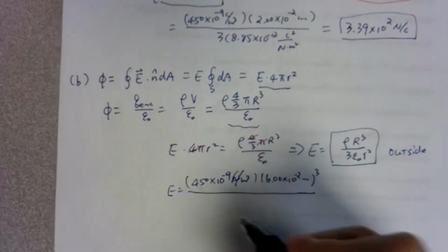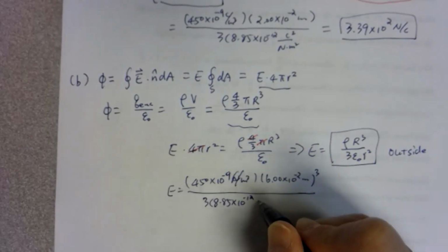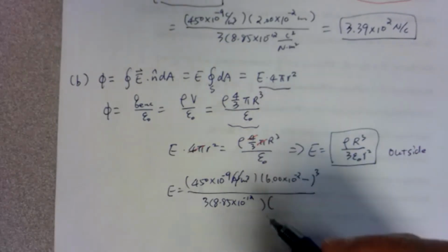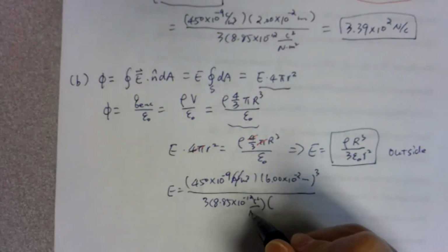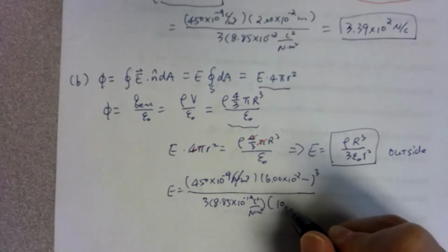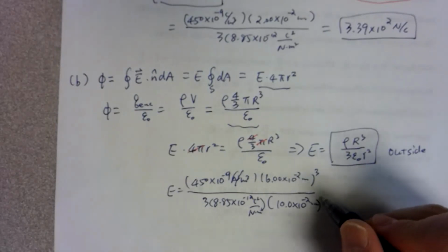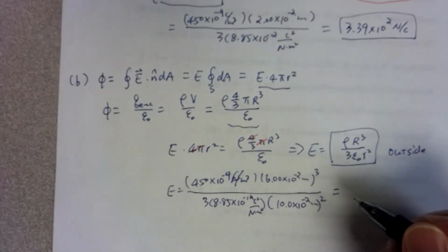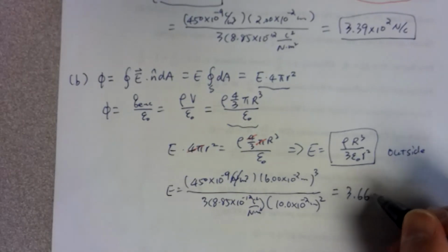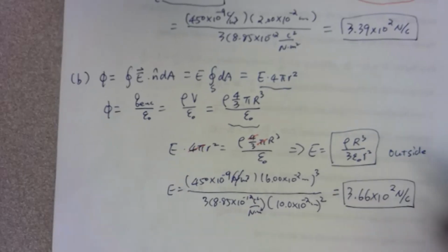And then divided by 3 times 8.85 times 10 to the minus 12 with the SI unit, C squared over N times meter squared, and then r squared in this case will be 10. Remember, we are using two different r's, but squared. So at the end, this will be 3.66 times 10 to the second newtons per coulomb.